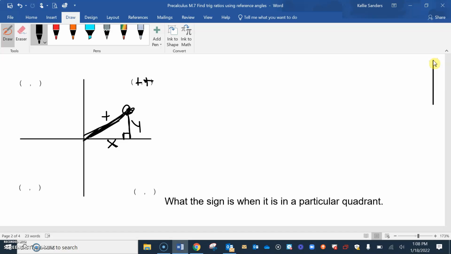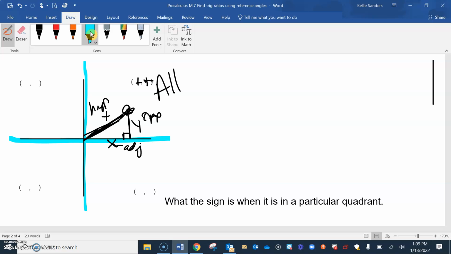So if all of these are positive, and this is your opposite, this is your adjacent, and this is your hypotenuse, opposite over adjacent, adjacent over hypotenuse, all this other stuff, everything's going to be positive. So your sine, your cosine, and your tangent are going to be positive. So we're just going to put in all there. And we're talking about when things are positive, because the coordinate plane makes a big plus sign.